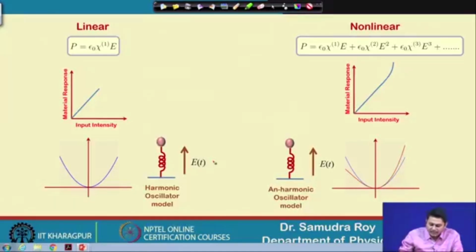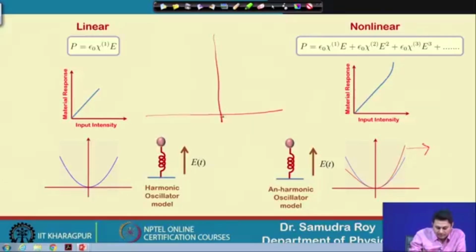So, if I draw a potential here, the potential defined by this red line is some sort of anharmonic potential. This anharmonic potential is not symmetric, some kind of asymmetry is there. If I draw, it should be something like this.